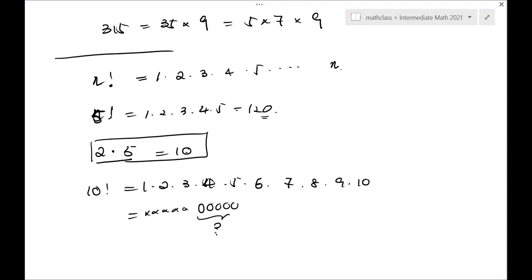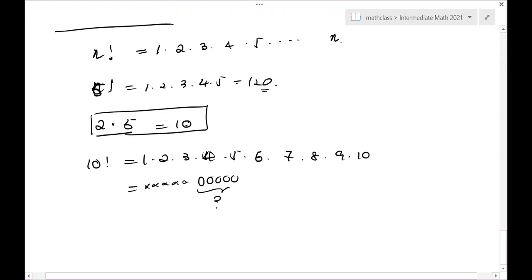It depends on how many 2s and how many 5s there are. In order to get a 0, you have to have a 2 and a 5. Because 10 is 2 times 5, you have a 5 here and a 5 here, so there are two 5s.